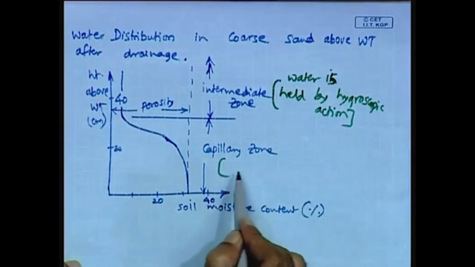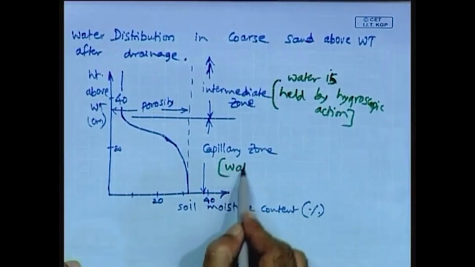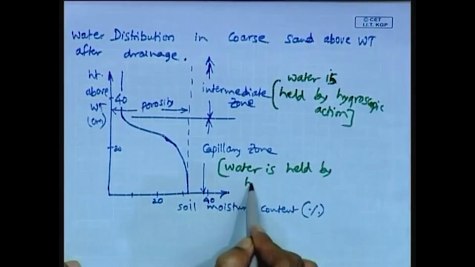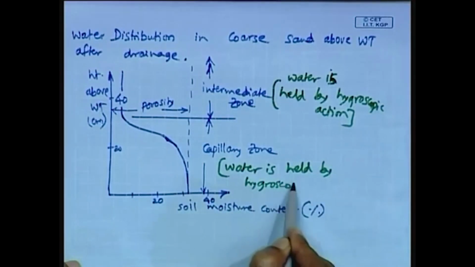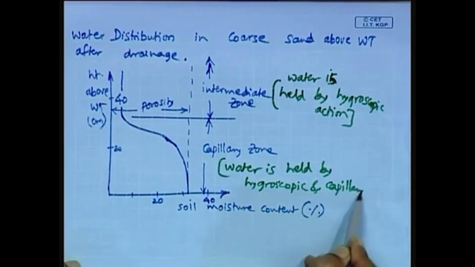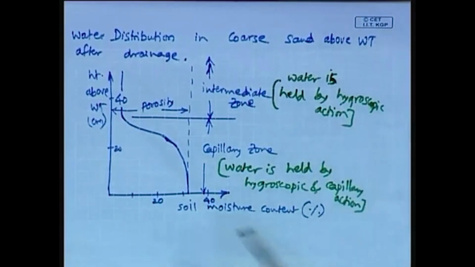whereas in the capillary zone water is held by hygroscopic and capillary action. So, you can see how it varies, just at the water table level, just above the water table.